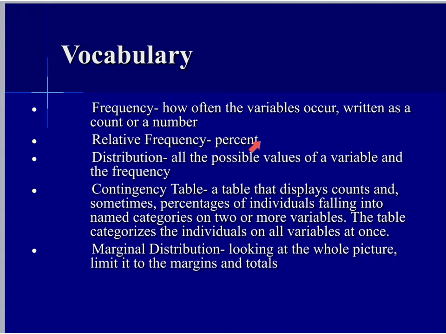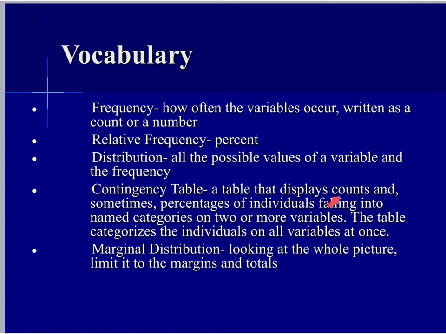And percents are a lot more useful to compare with because they give us a way to compare. Comparing 20 to 35 is not as effective as comparing 25% to 35% because we have a frame of reference there. So the distribution is all the possible values a variable can have and its frequency.